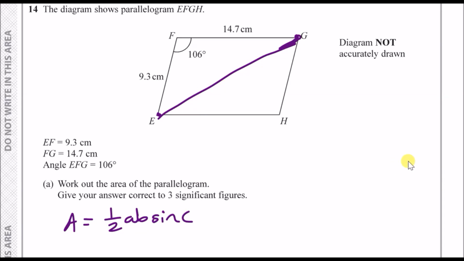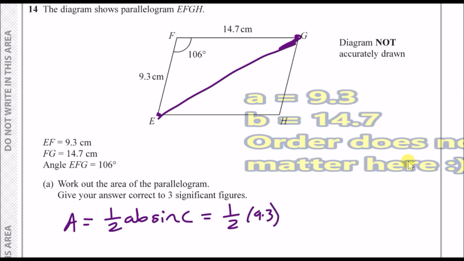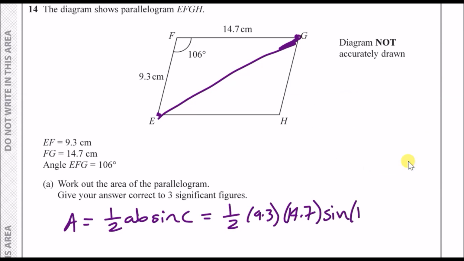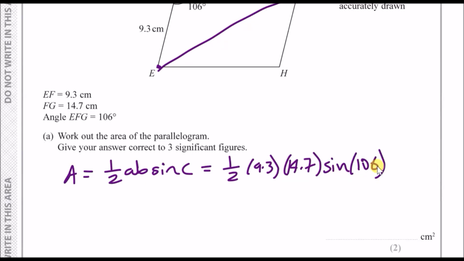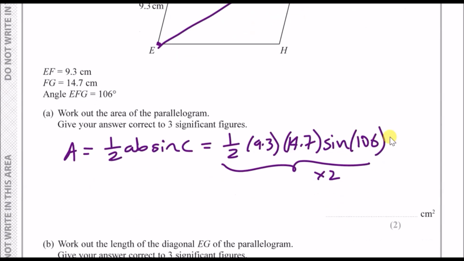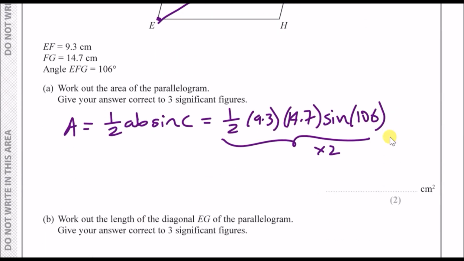This means that the answer is now half times 9.3 times 14.7 times sine 106. So put this in your calculator and then double your answer because you want to find both of these, yeah? So basically all of this times 2. Doing that, you should get an answer of approximately 131 centimeters squared.